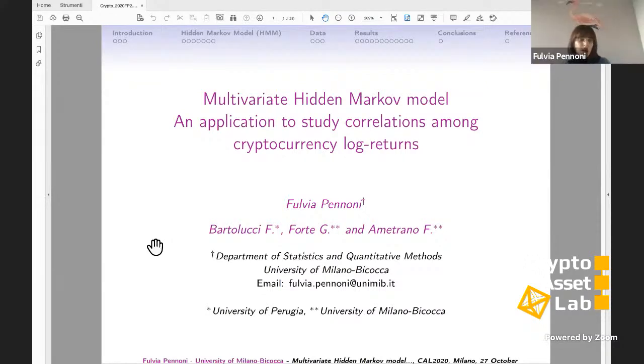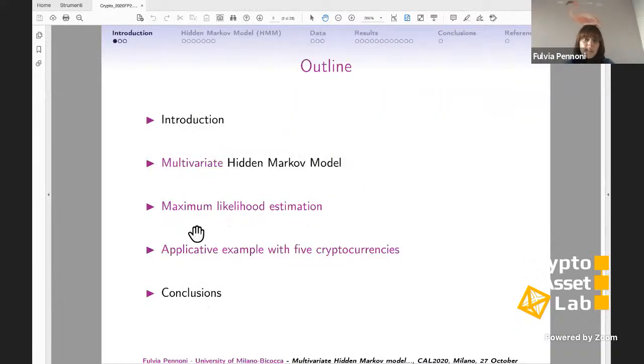Okay, thank you. This is joint work with Bartolucci from University of Perugia, Forte and Milano from University of Milano-Bicocca. The presentation is organized as follows: a brief introduction to the problem, then I will show you some notation that we are using for the proposal, which is a multivariate hidden Markov model.